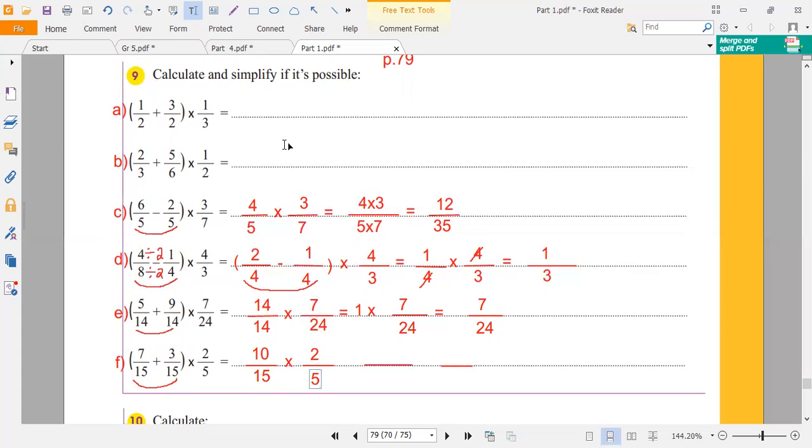Times 2 fifths. Now, how we multiply two fractions, we have to check if we can simplify first. 10 and 15, can we simplify 10 and 15? Yes, we can simplify by 5 because 10 is equal to 5 times 2 and 15 is equal to 5 times 3.